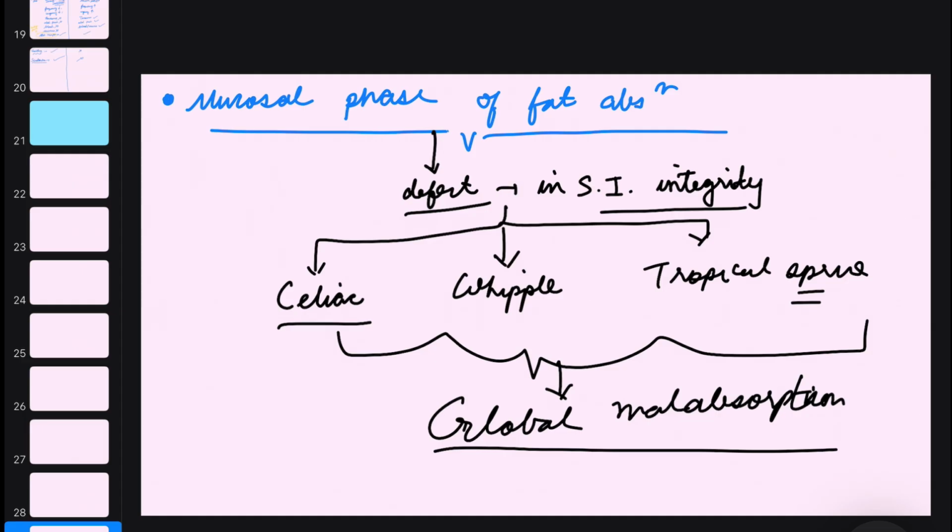Celiac disease, Whipple's disease, and tropical sprue, each of these we'll deal with in individual videos. These 3 will lead to defect in the small intestine integrity, and they will lead to something called global malabsorption. Global means all the nutrients are getting affected. So that's the problem. This is more or less the mucosal phase of fat absorption.